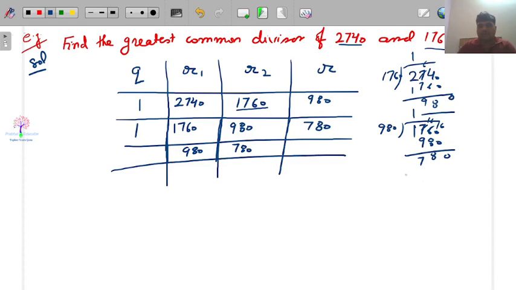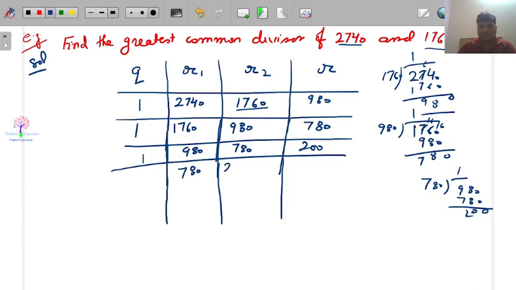So in this way, if you do this, 780 divides 980 1 time. So remainder is 200. Quotient is 1. So just replace the values as you did previously. So again 200 divides 780.